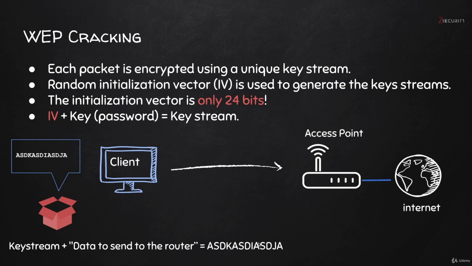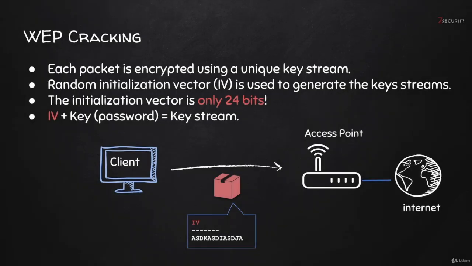But before sending this into the air, WEP will also append the initialization vector. This is the 24-bit random number that I said it creates in order to make sure that each packet has a unique key. The reason why it adds the initialization vector to the packet is because once the router receives this packet, it needs to be able to decrypt it.